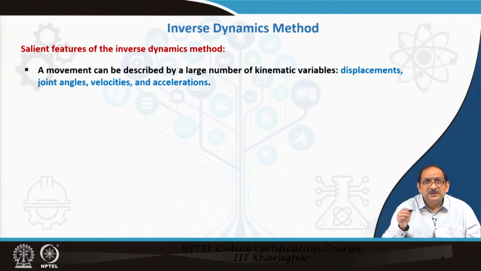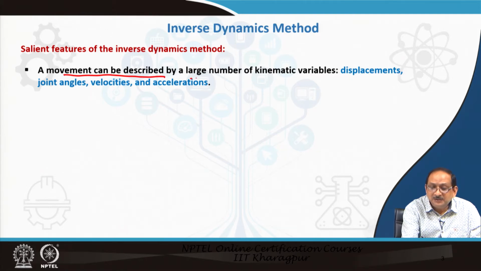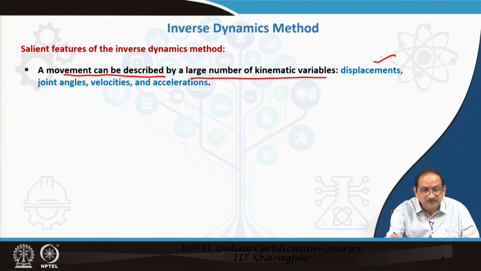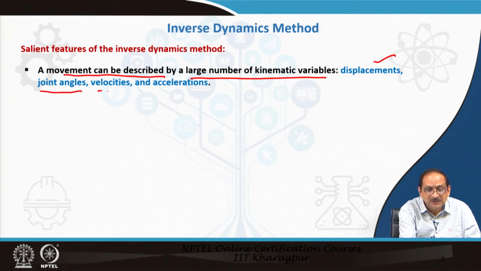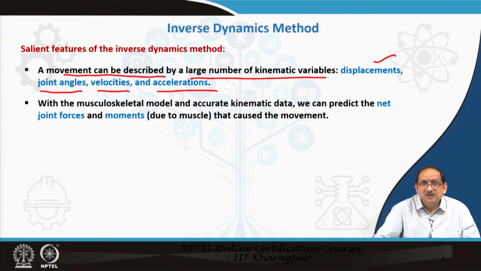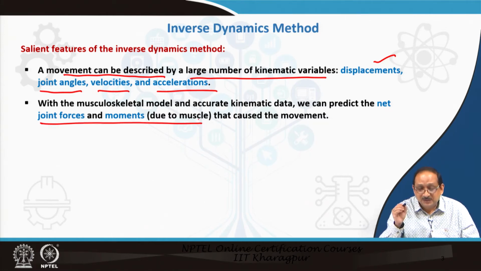A movement can be described by a large number of kinematic variables: displacements, joint angles, velocities and accelerations. With the musculoskeletal model and accurate kinematic data, we can predict the net joint forces and moments due to the muscles that cause the movement.